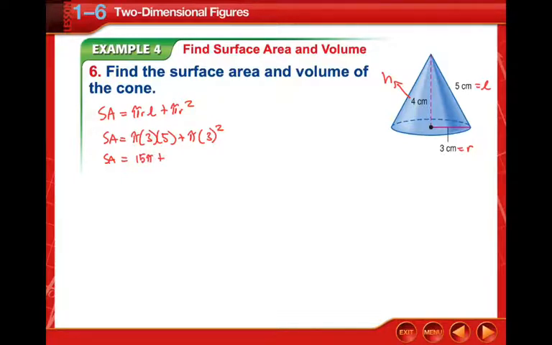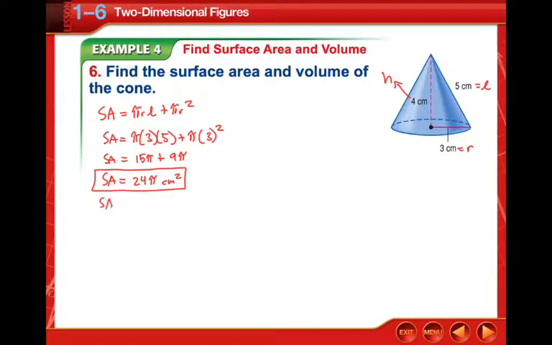And 3 squared is 9, so that's 9 pi. We can treat pi like it's a variable and add these up. So our surface area is 15 plus 9, or 24 pi centimeters squared. That is a perfectly suitable answer. It's actually called the exact answer.